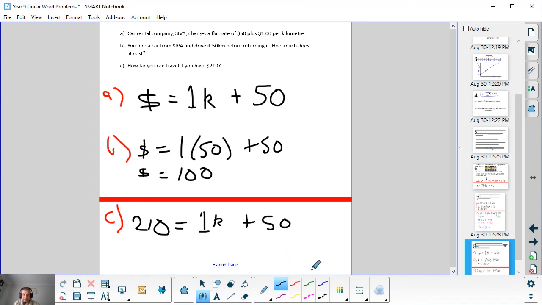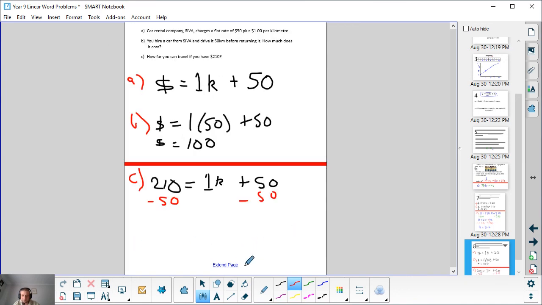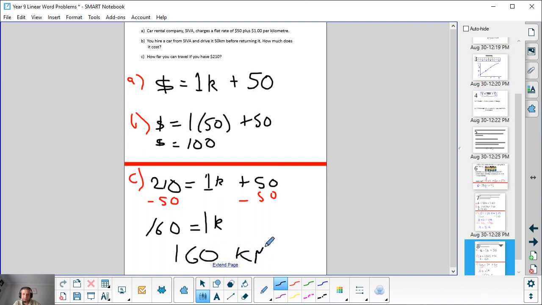So your two steps are to take away $50. And in this case, we'd normally have to divide by this number here, but this number is 1, and dividing by 1 doesn't do anything, right? It's $1 per kilometer, and I've got to the number 160. So the answer is that I can go 160 kilometers before my money runs out, right?